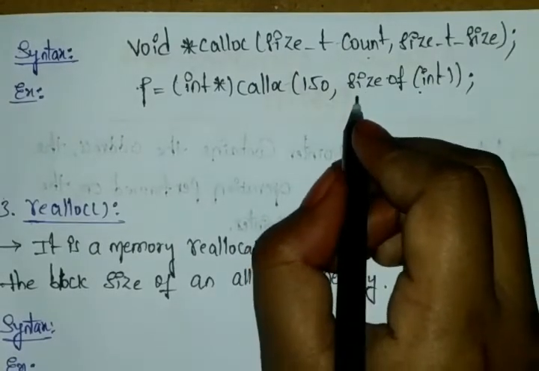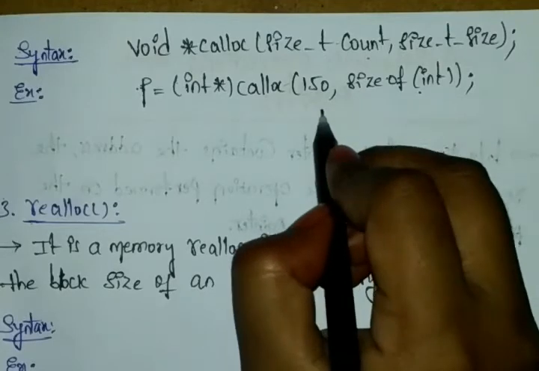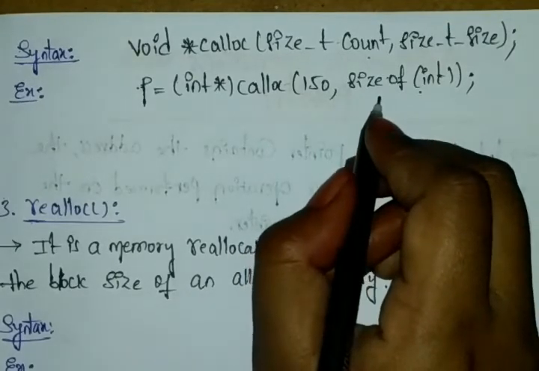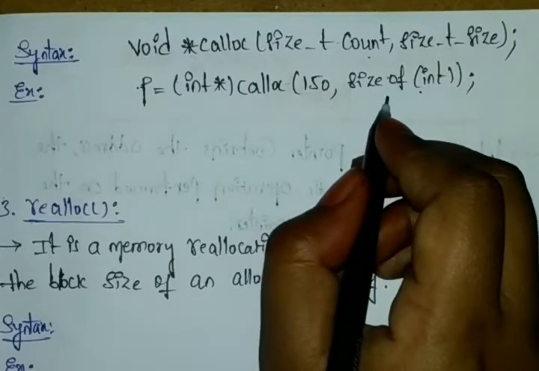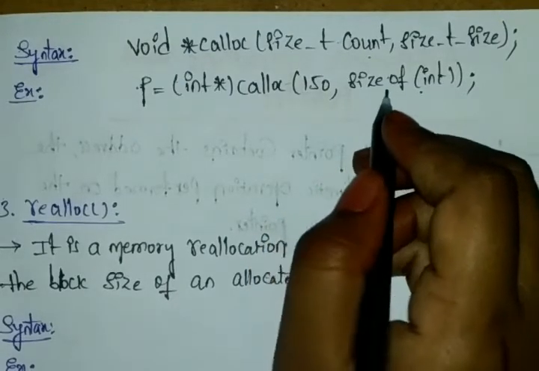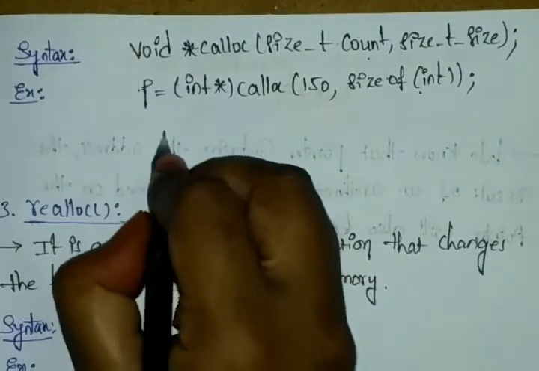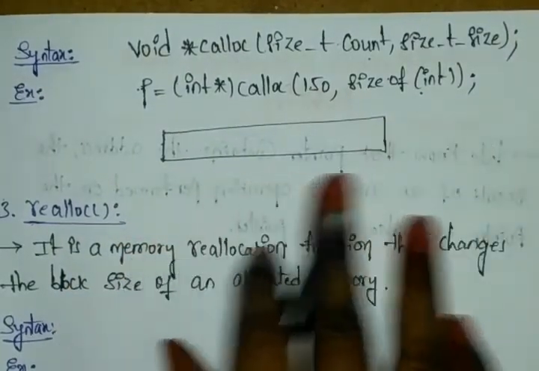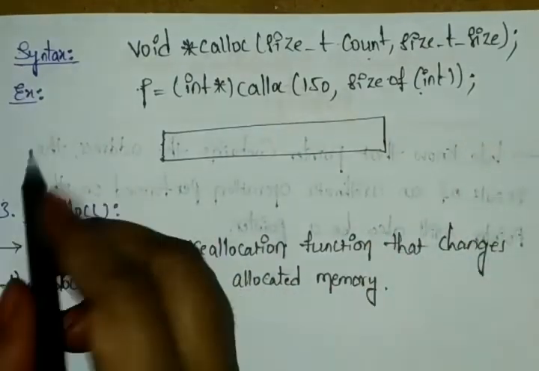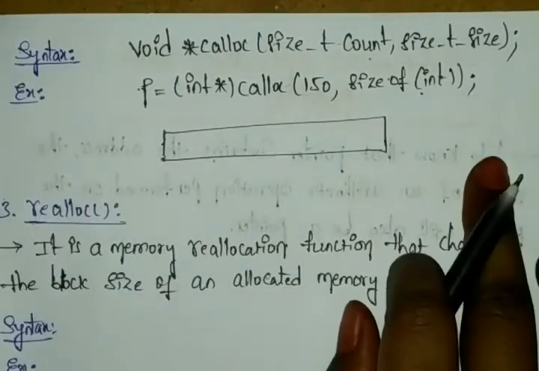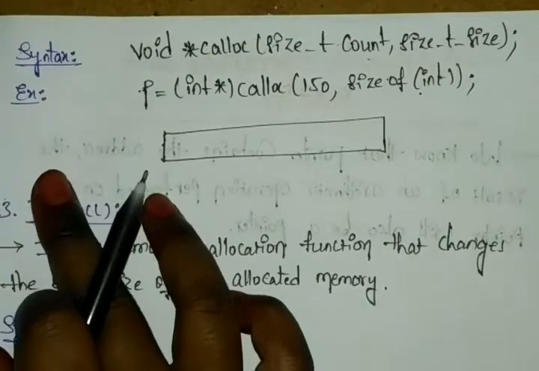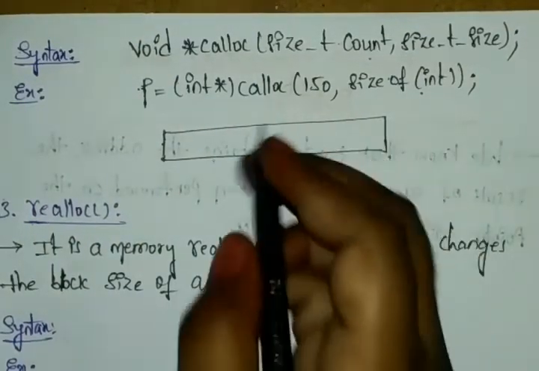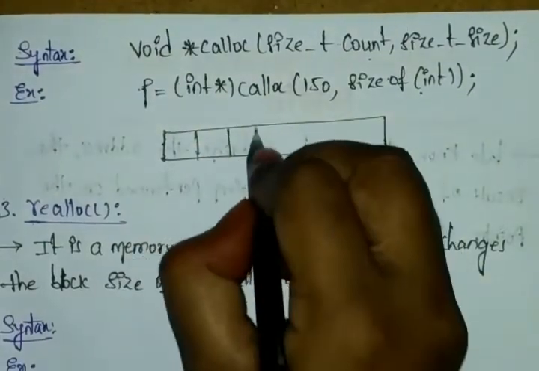It allocates memory for an array of 150 integers, and the pointer is pointing to the first byte of the first integer. How will it be? Here we will have a total of 150 integers. If you need to write 150 integers, we need to create 150 boxes for the array. So here I'm drawing some similar boxes.